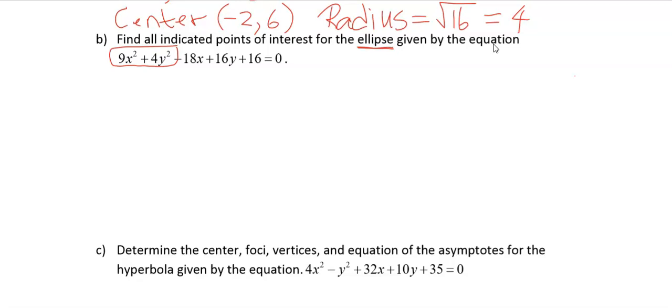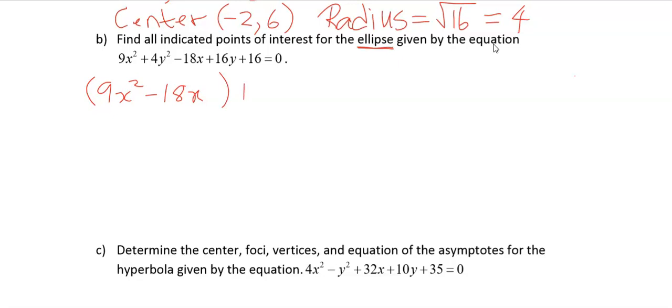Well, I'm going to change that form now from general back into standard. And we start by doing it pretty much the same way we did with the circles. Watch carefully. Let me get my marker ready. I'm going to group together the 9x squared minus 18x. I put those together inside a set of brackets.